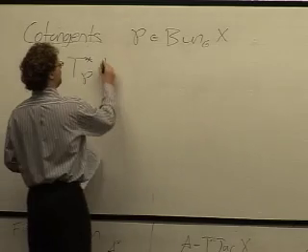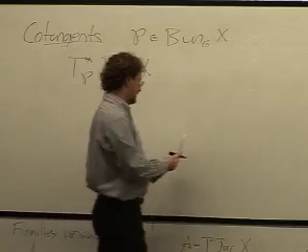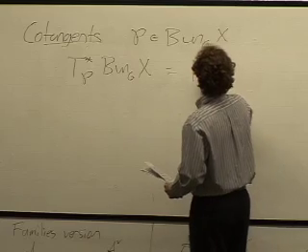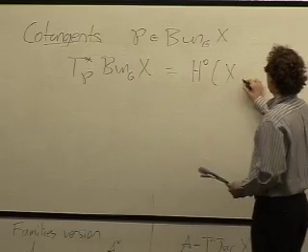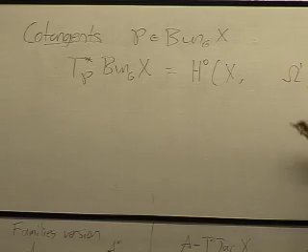So we look at the cotangent bundle of Bun_G of X, and the claim is that this is the space of holomorphic sections of one-forms, but twisted.